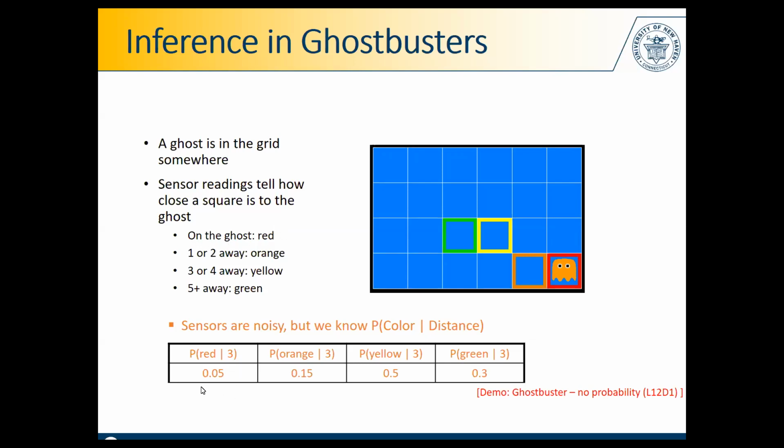And of course, as I mentioned, the sensors are noisy. So seeing a red cell is not necessarily a definite indication of where the ghost is. If it's orange, it means that we are probably 1 or 2 cells away. If it's yellow, it means that we are probably 3 or 4 cells away. If it's green, it means that we are most probably very far from where the ghost is.